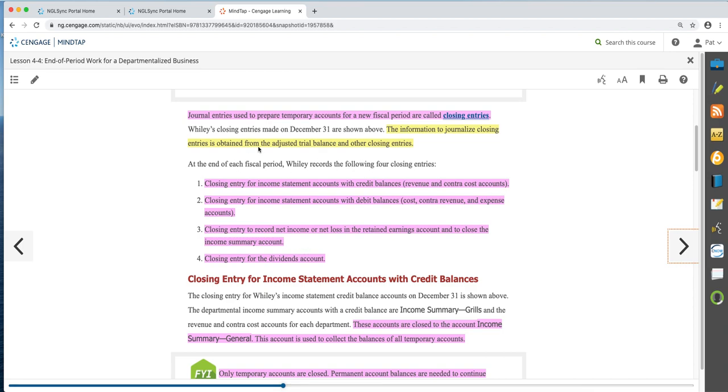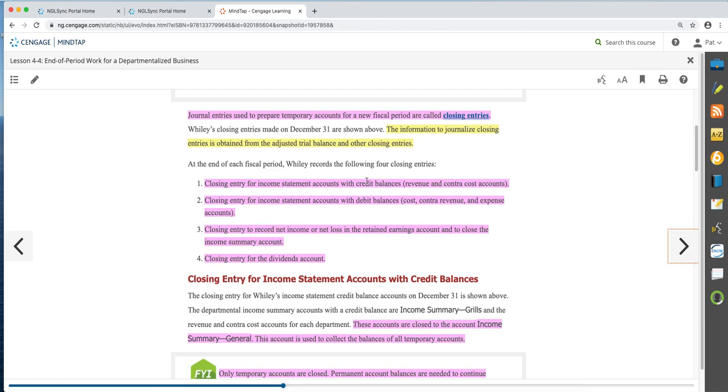All temporary accounts, again, as a reminder, closing journal entries are used to prepare temporary accounts for the new fiscal period. Permanent accounts are the balance sheet accounts. We want to keep them moving on, having the balance of cash into the next fiscal period, or how much insurance we have in the next fiscal period.